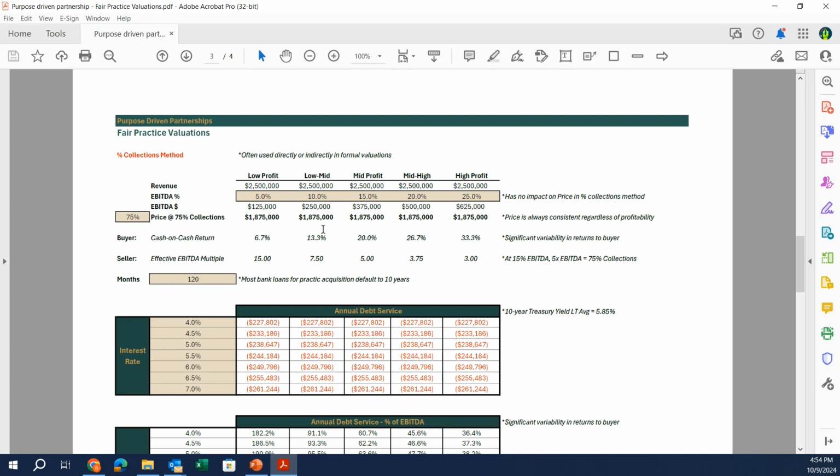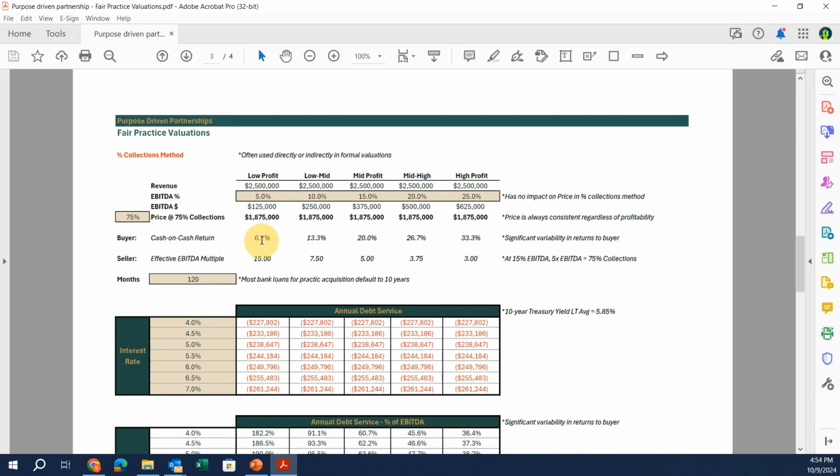The result of that, in contrast to the EBITDA method, is that the buyer can have extreme volatility in their cash-on-cash returns. Let's talk about this in the context of what we said earlier.